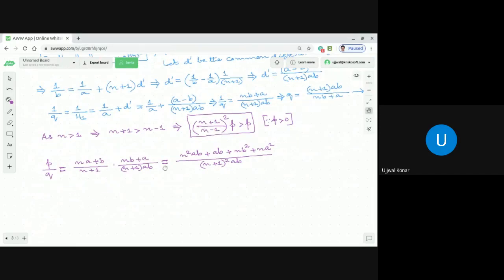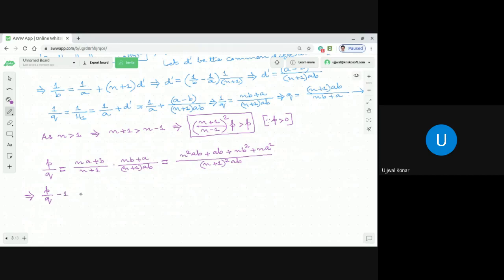Now, what is our target? Our target is to show the relationship between p and q. That means whether p is greater than q or p is less than q. And to achieve that, the best way is to find the value of the expression p by q minus 1.